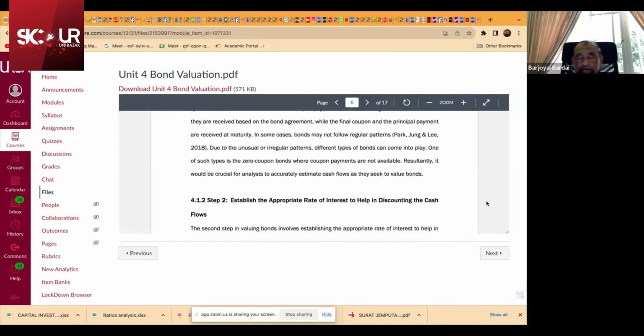We hold it for 10 years, and at maturity of the bond, we surrender the bond back to the issuer, and the issuer will pay us back the face value, which is 1 million.